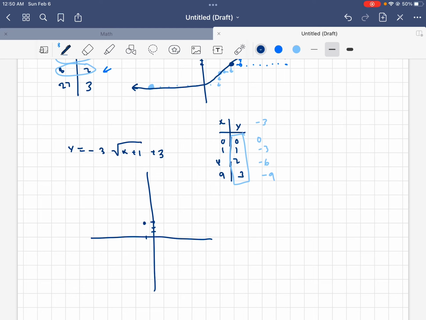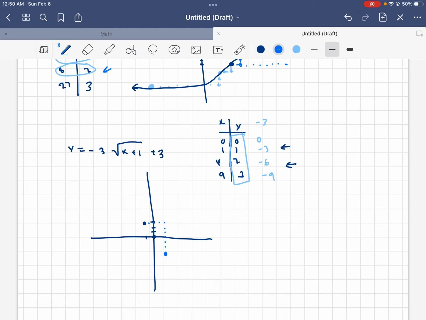Okay, so if I were to graph this, let's go ahead and use our new origin. So this is like our 0, 0. For 1, -3, that just means you're going to go to the right one and down 3. You're going to put the origin. For 4, -6, that means you go to the right 4, down 6. So you start from here, 1, 2, 3, 4, down 6, 1, 2, 3, 4, 5, 6.